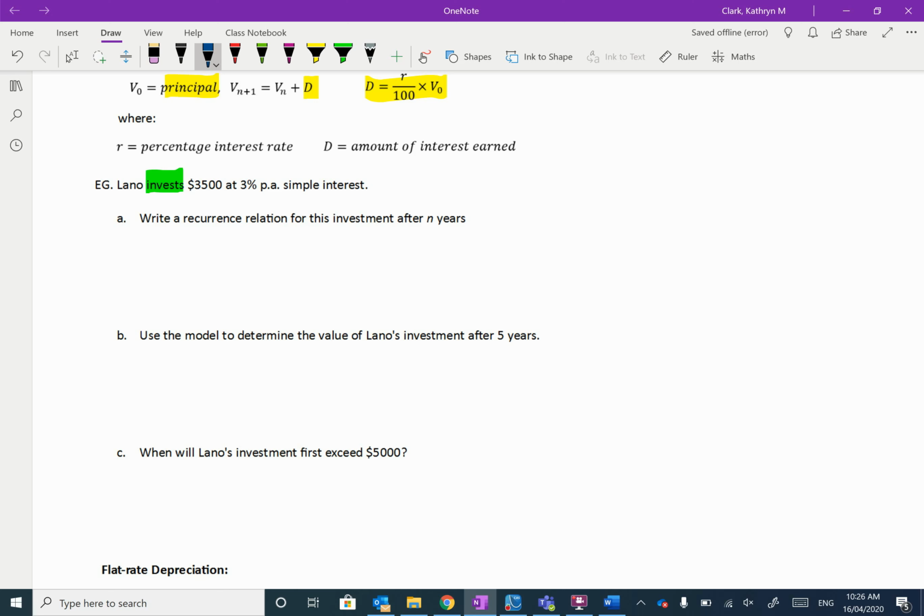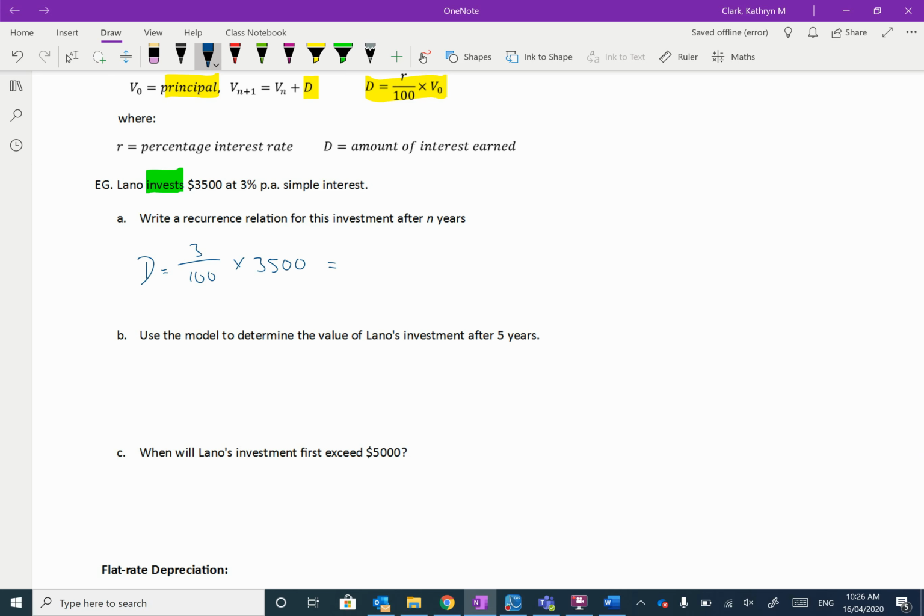So we're going to write a recurrence relation for this investment. Now we only need to work out our principal value, which is the amount that you start with, and our value for D. So I'm going to calculate my value for D first. D is going to be equal to my R value, which is 3%, divided by 100, times V0, the initial amount that we start with. So I'm starting with 3,500.